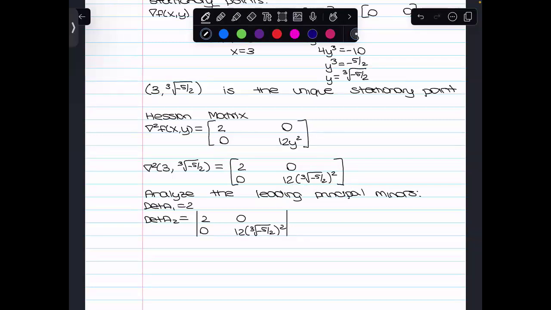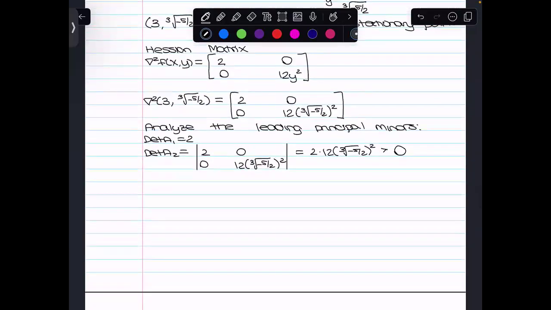And when you calculate the determinant, it'll be multiplied by 2, so still positive, and then minus 0. So we don't need to bother simplifying. I would probably write out the determinant, but no reason to waste time simplifying. We can just say that it's clearly greater than 0 because of the power of 2.